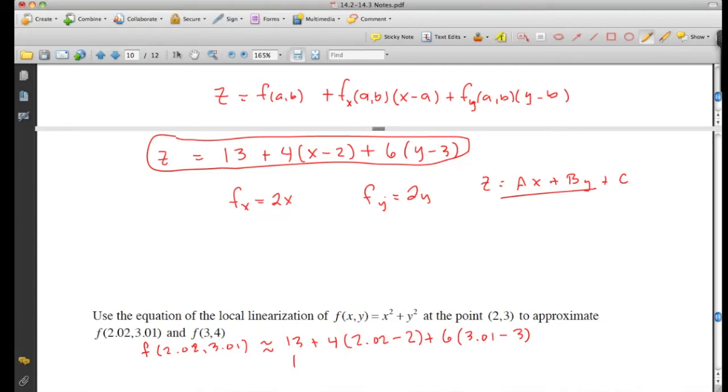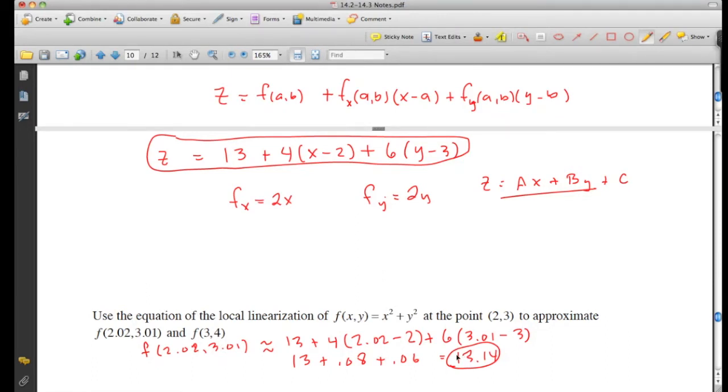So evaluating that, I'm going to get 13 plus 2.02 minus 2 is going to leave me with 0.02 times 4 is going to give me 0.08. Plus, over here we're going to get 0.01 times 6 is going to give me 0.06. So we're going to end up with 13 plus 0.14, so 13.14. Now that's an approximation of what I would get if I took 2.02 and 3.01 and actually plugged them into this function.